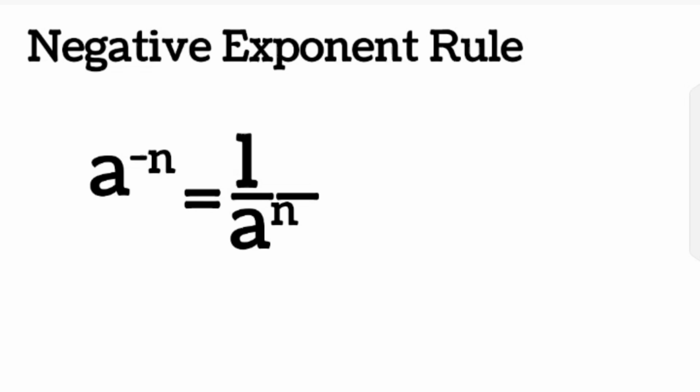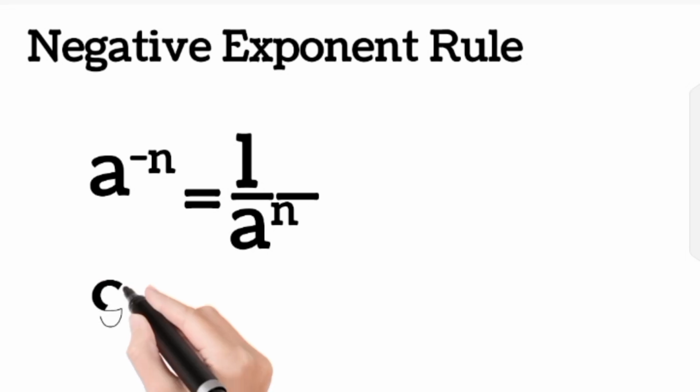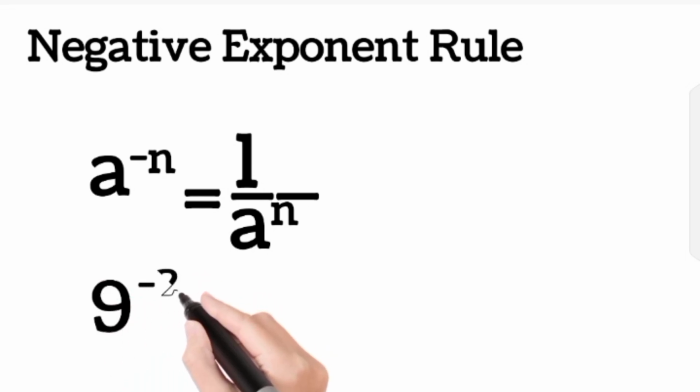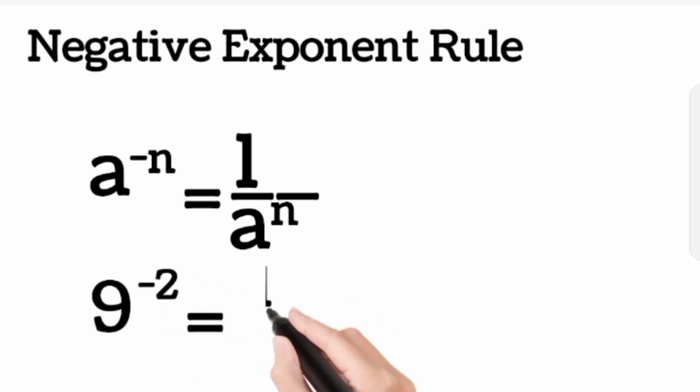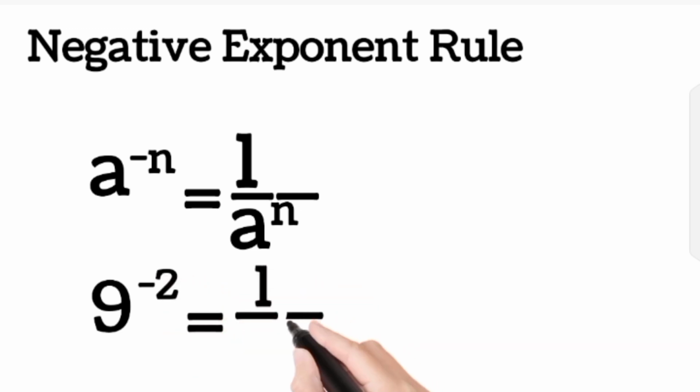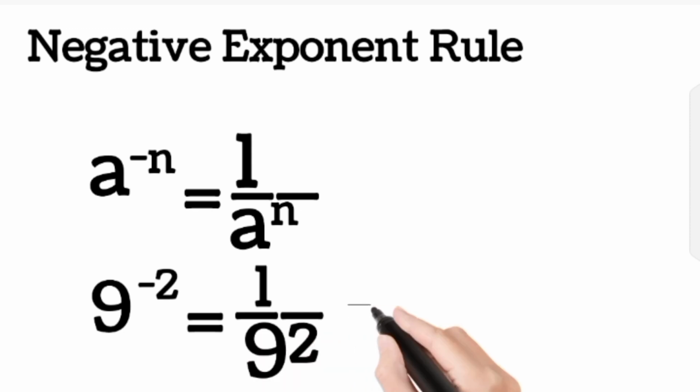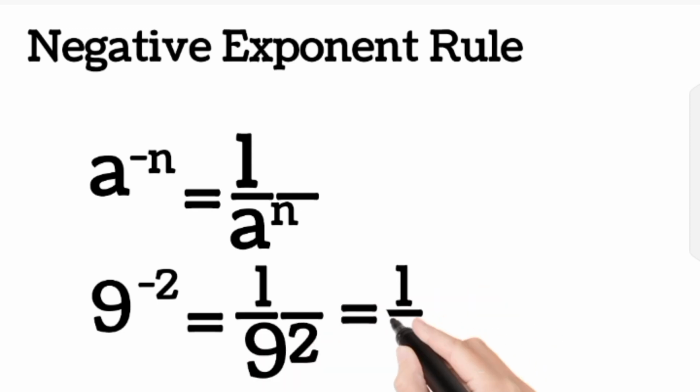So a negative exponent will result in its reciprocal, 1 over a to the n. Example here: 9 to the power negative 2 equals 1 over 9 squared, which equals 1 over 81.